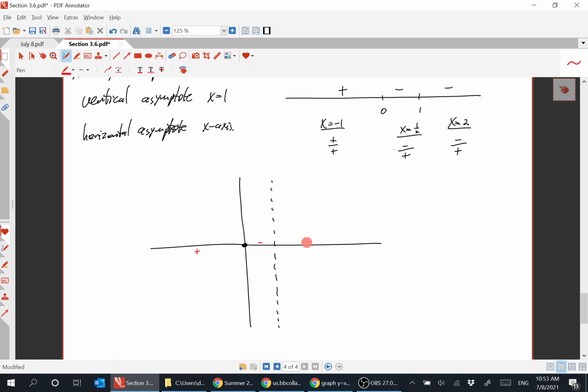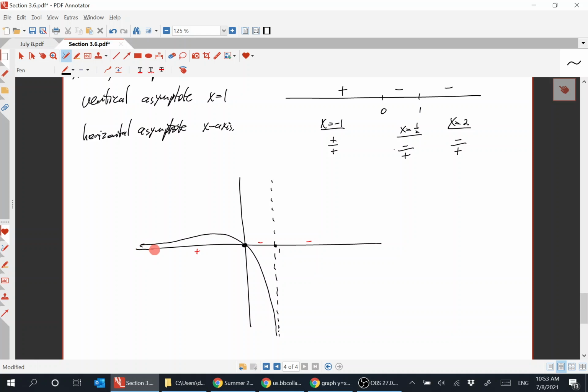And I'm negative after 1, x equal to 1. And then I have a horizontal asymptote here. So one feature that's going to happen is I'm going down here to negative infinity along this vertical asymptote. And then I got to climb up here, and then I got to get back down to the x-axis.